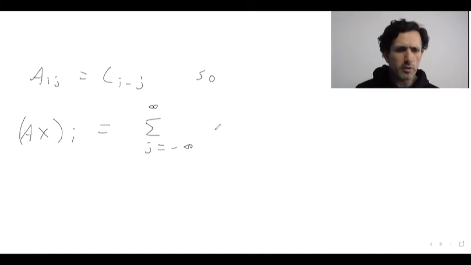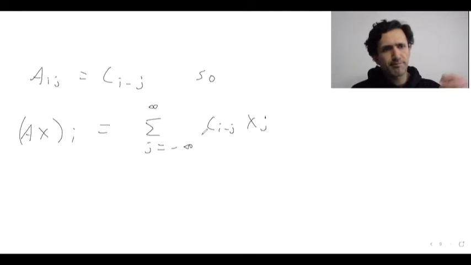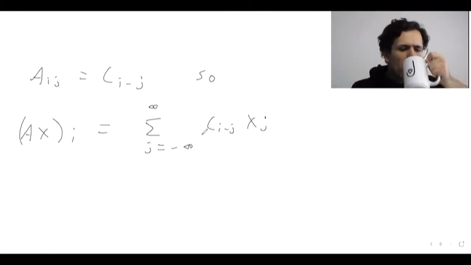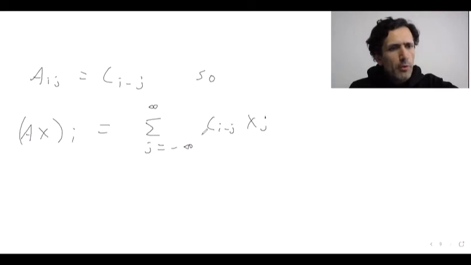So this is going to be the sum of c_{i-j} x_j. Very reminiscent of the convolution that we've seen last semester, and you've probably seen elsewhere, with respect to an L1 function.